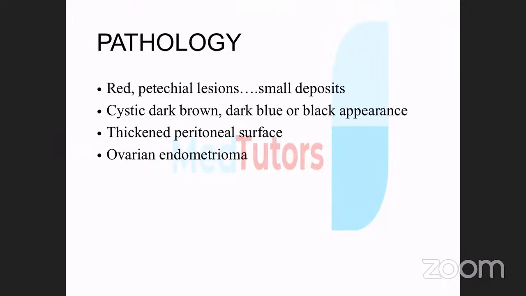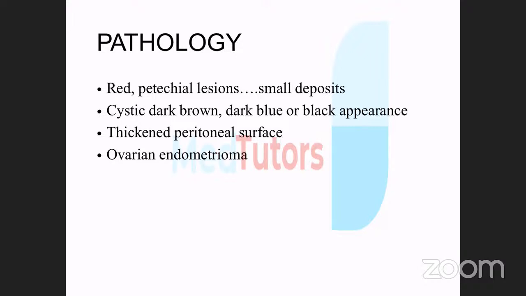But how does it present? How does it appear grossly? Grossly, endometriotic deposits may appear as red petechial lesions that are found on the peritoneal surfaces, from the pelvis, the pouch of Douglas, and the bowel. They may also appear cystic, dark brown or dark blue, especially endometriotic cysts in the ovary, known as endometrioma.